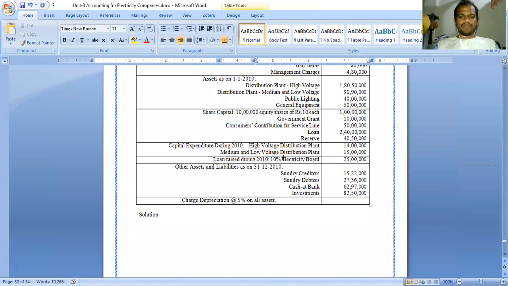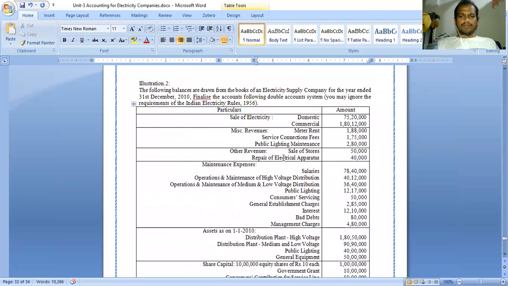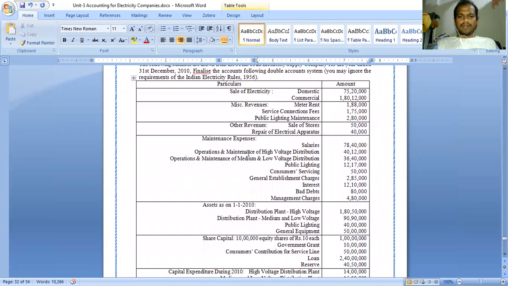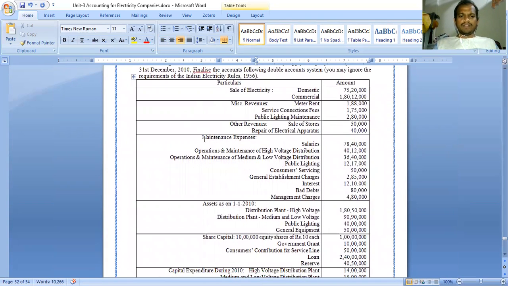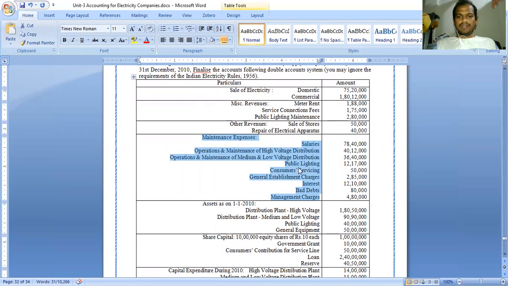So see, the problem size is bigger, but it is a very simple problem. So maintenance expenses. So salaries. See, even though we are copying it, just clearly observe what are the items given in the expenditure or revenue.